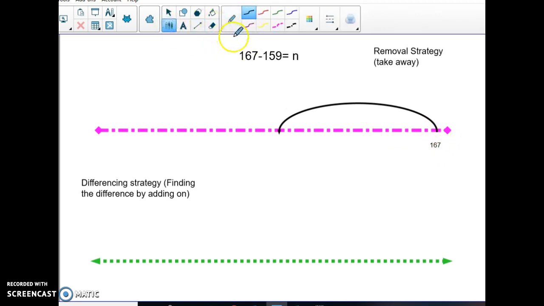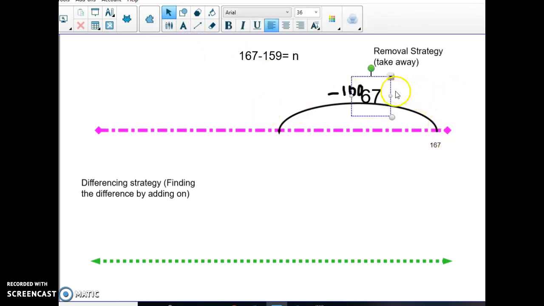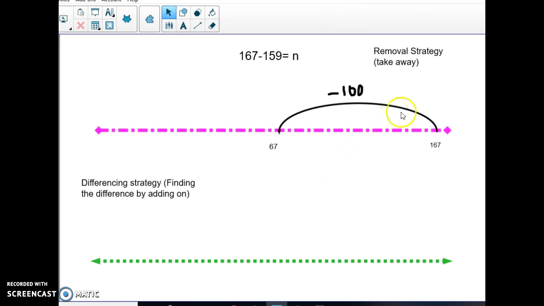If I subtract 100 from 167, that's going to give me 67. So I'm going to type 67, and I'm going to move it to its proper place and make it a little bit smaller. So now I have 67. Okay, now I've removed 100, but I still have to take away 59.